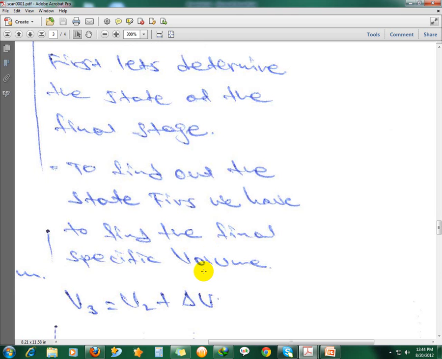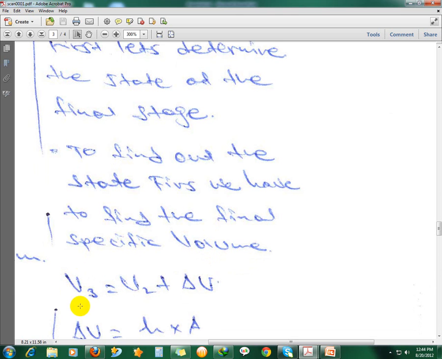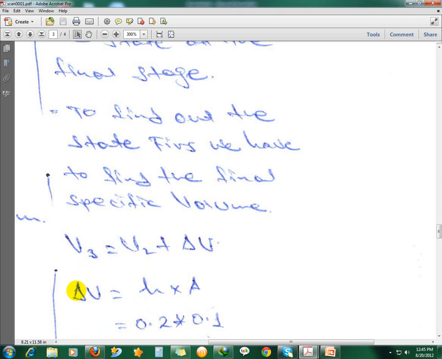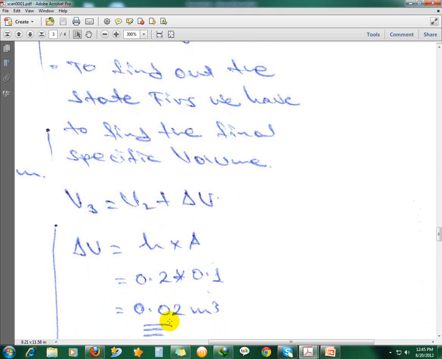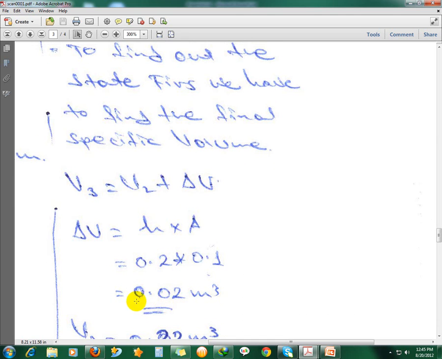Then we have to calculate the volume, and V3 is equal to V2, it's given, plus change in volume, the additional volume that the piston moved upward to compress the spring, and the additional volume is equal to the height times area, because we have the height 20 centimeter or 0.2 meter, and piston area 0.1 meter square, and the additional volume is equal to 0.02 meter cube.